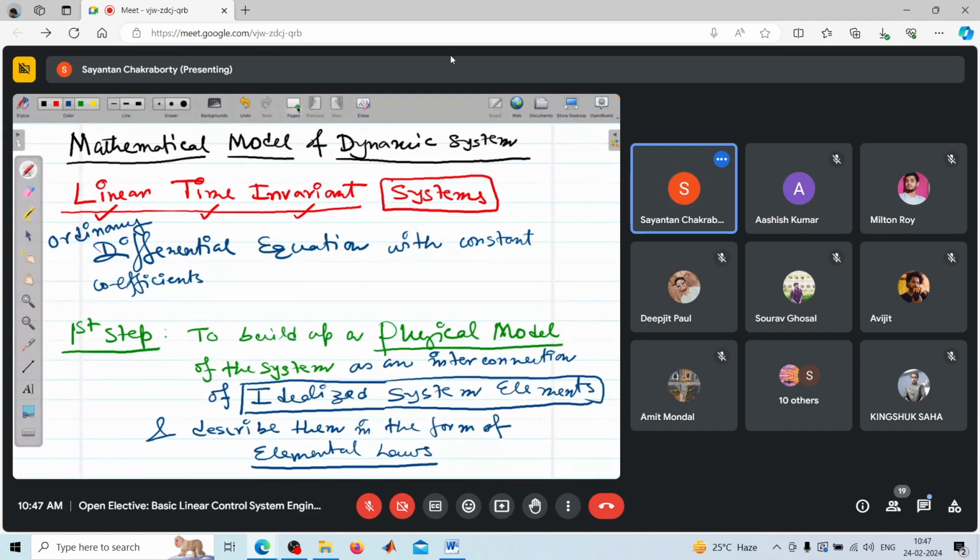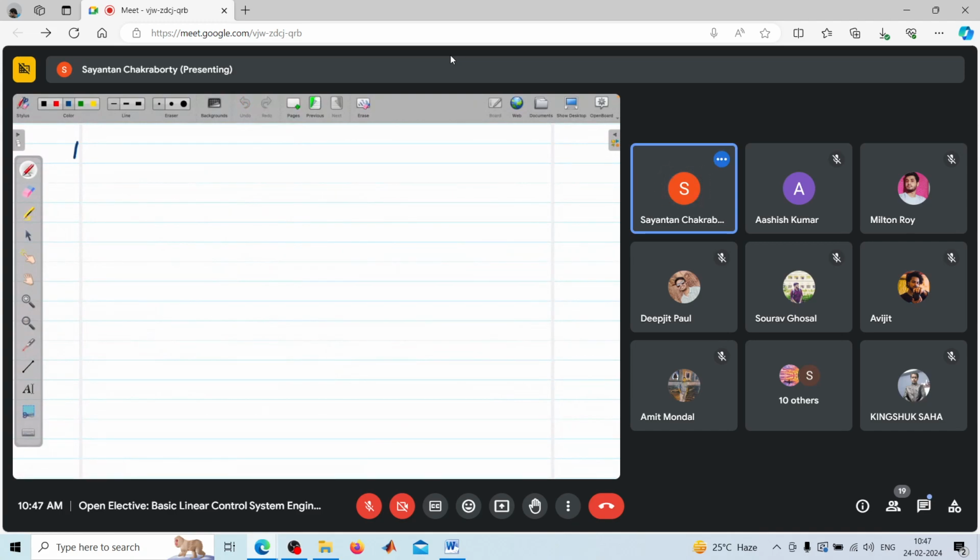So you can say an ideal element should follow two basic assumptions. I don't remember whether I've discussed this or not, so I'll go through it very quickly.